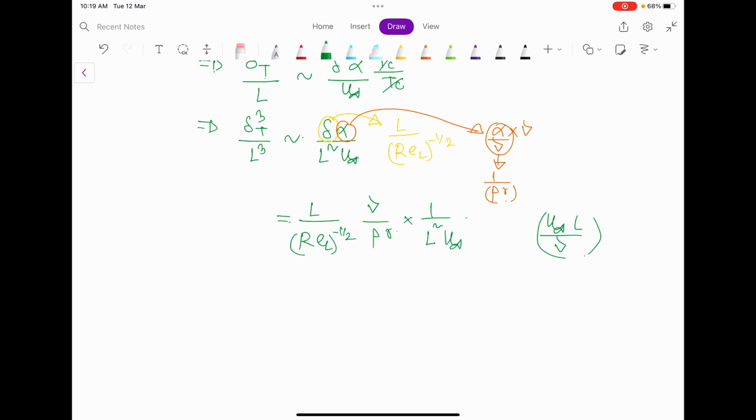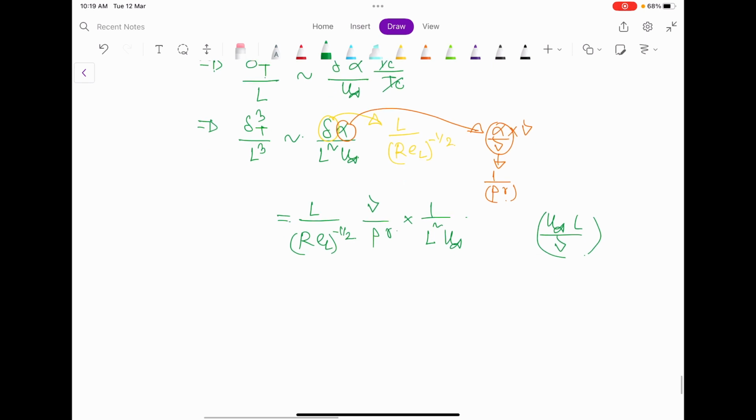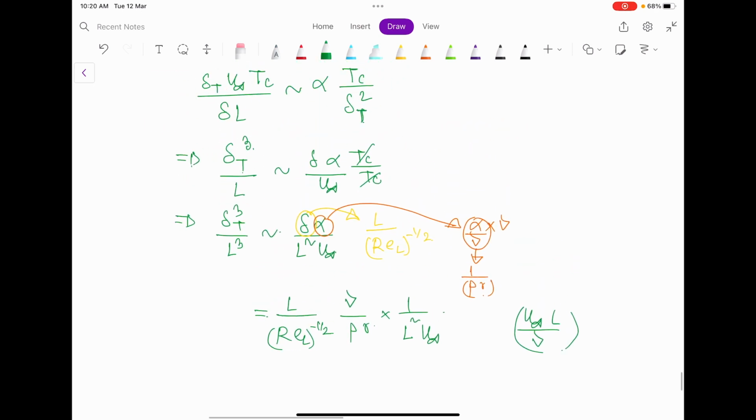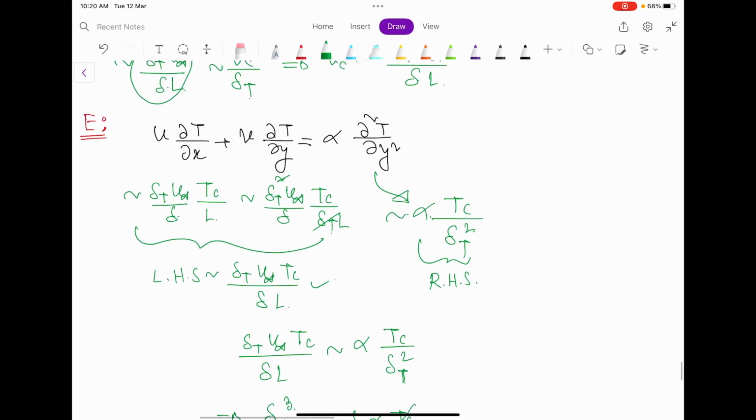So if I want to get that, then what I have to do? I have here u infinity L by nu, but an extra L is coming, right? So what is the catch here? Why is that extra L coming?